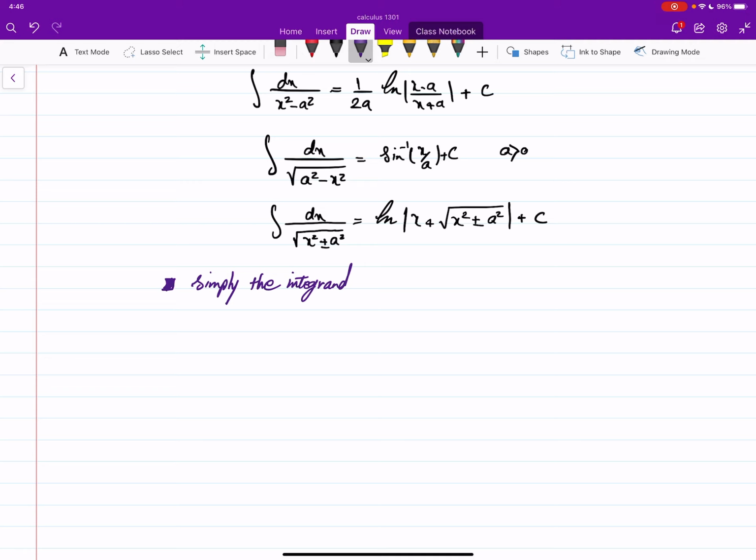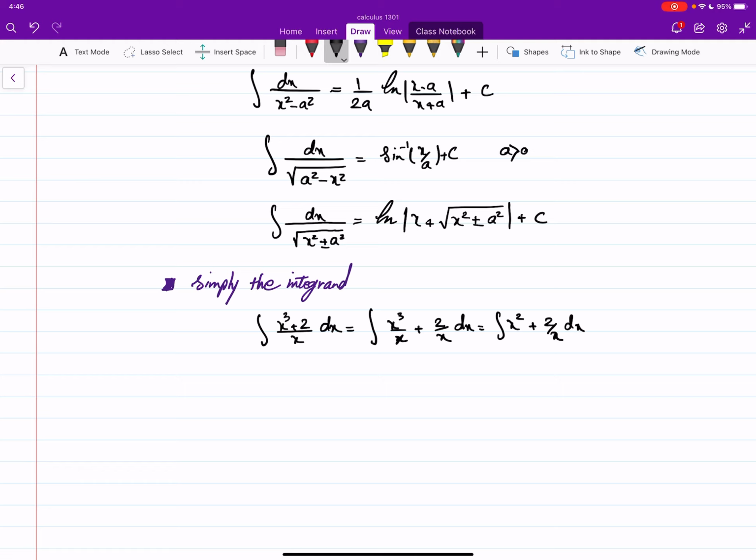For example, we had this example, x plus 2 over x cubed. If you look at this, the way it is written, it might look crazy. But the first thing here is that you look and try to simplify first, and then you see that, oh, this is just a simple integral.